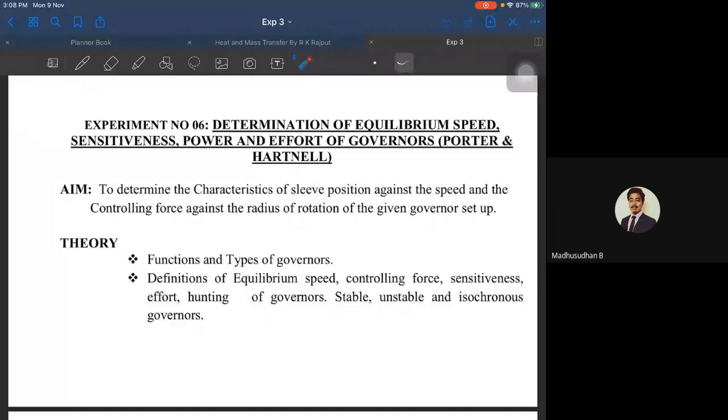Anyone? What is the reason behind the governors? Why do you need governors? Vinay? Yes, sir. So why do you need a governor? To balance the system.